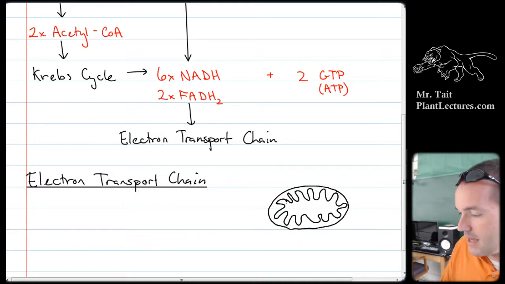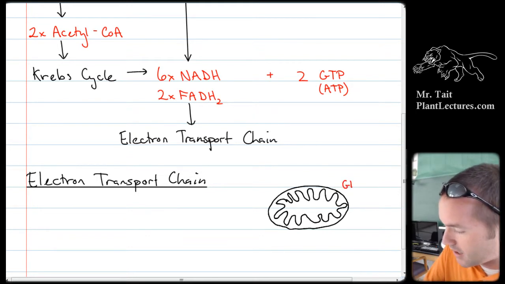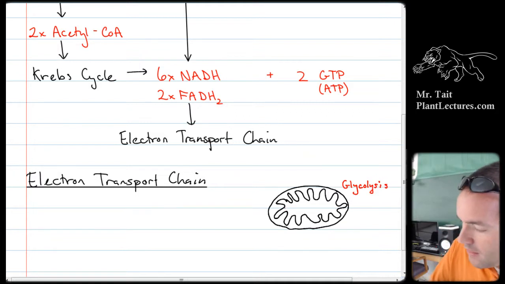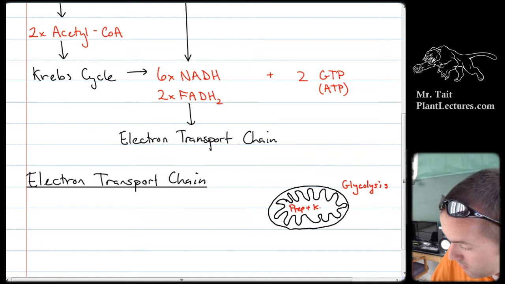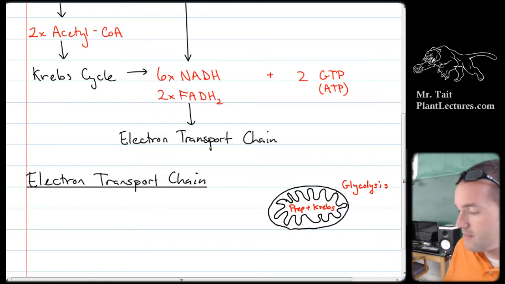Okay. We said that glycolysis was a process that happens outside of the mitochondria. The prep steps and the Krebs cycle happened in the mitochondrial matrix, which is the area on the inside.